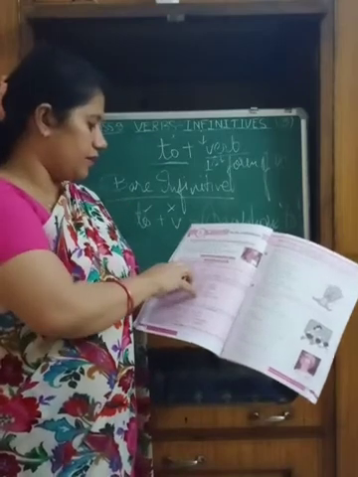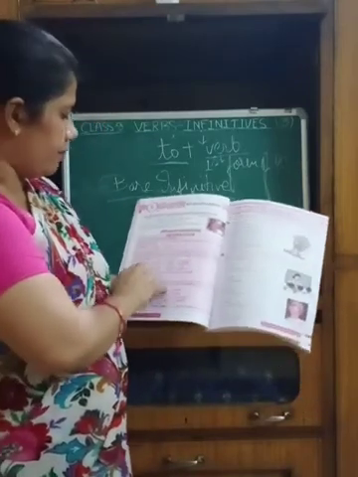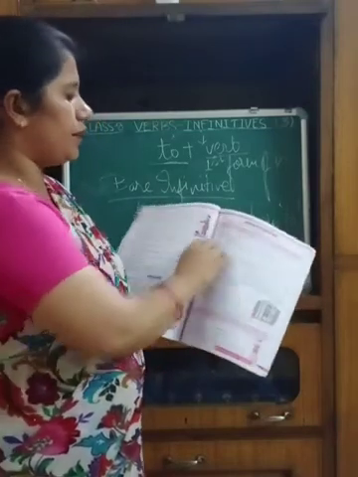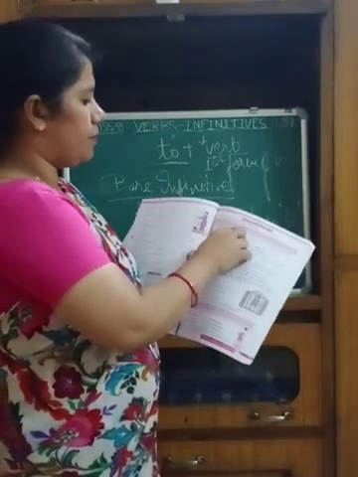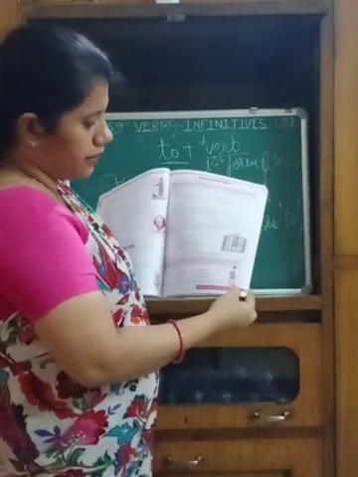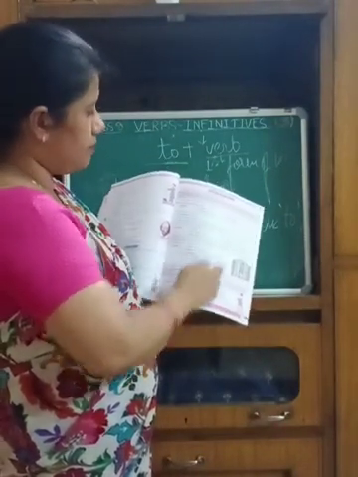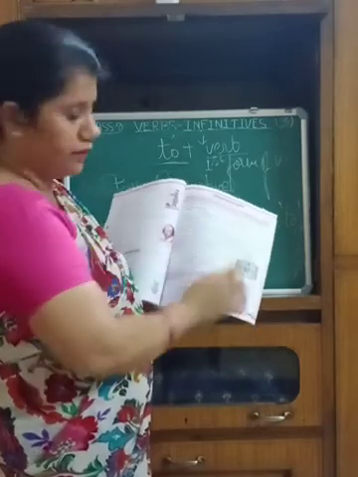You have to write the definition of the transitive verb and the intransitive verb, and after that the definition of the finite verb, on page number 39, and the non-finite verb with one example.